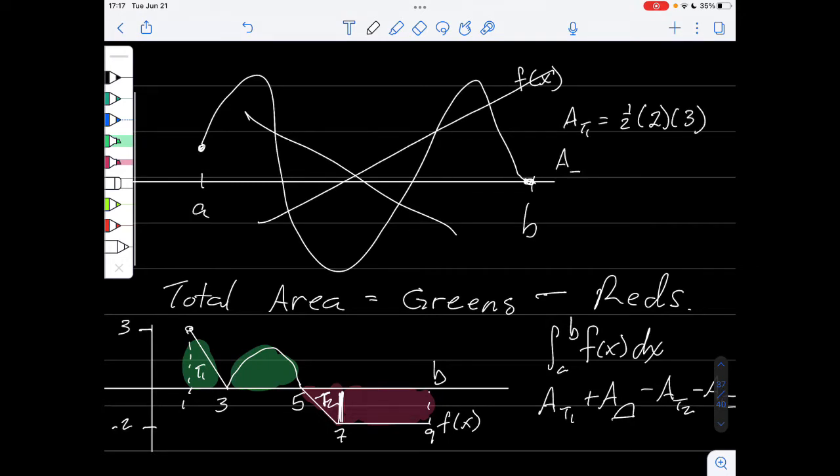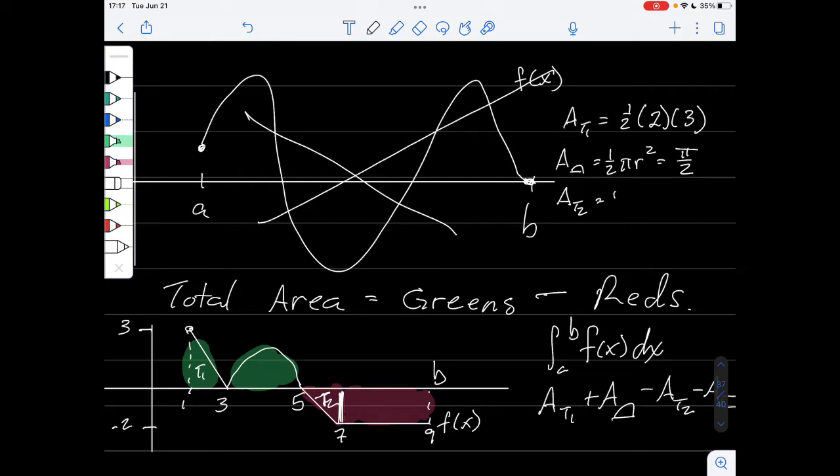And the area of the semicircle is 1/2 pi r squared. So we need the radius. And if this length is 2, then the radius is 1. So this is pi over 2. And the area of the second triangle, well, our base here is 2 again, and our height is also 2.